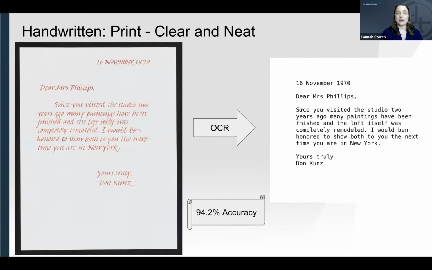And here we have an example of a handwritten, although very neat, text. And while the letters are close together, it is still print, not cursive. And we have a very high rate of accuracy, so 94.2%. And this particular client wanted both a transcription record, so a TXT file, and a searchable PDF.